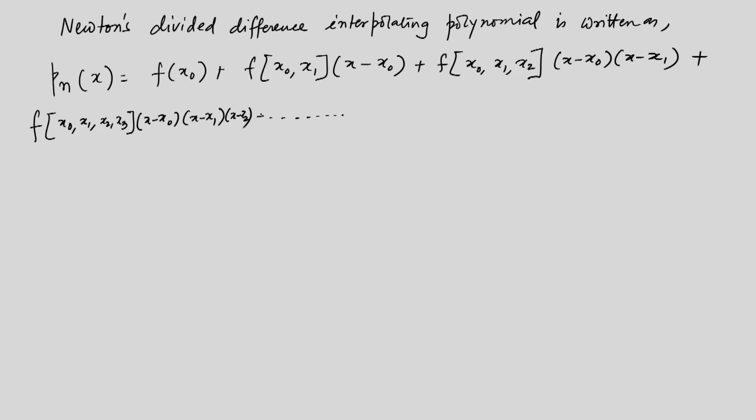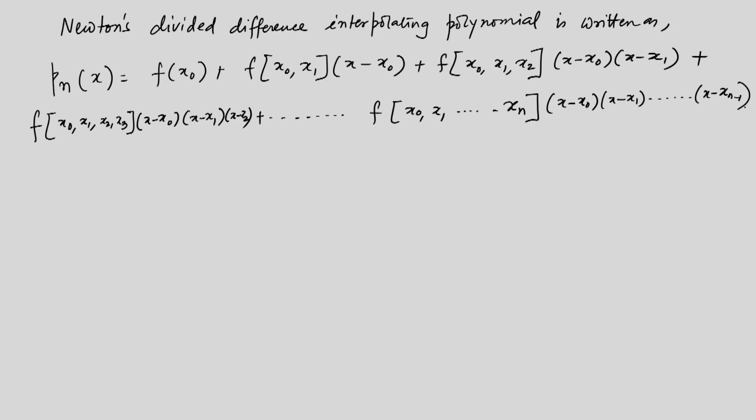Okay. So, if you carry on like this, then we will have f of x 0, x 1 and so on up to x n, and x minus x 0, x minus x 1 all the way up to x minus x n minus 1. Okay. So, this is the procedure that we should follow.